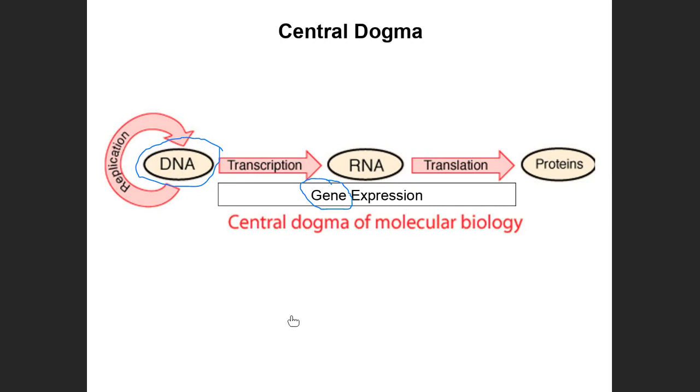Okay. What's the importance of this genetic information in the form of genes? Well, these genes code for proteins. Okay. And what did I say proteins do in a cell? These proteins do the work.